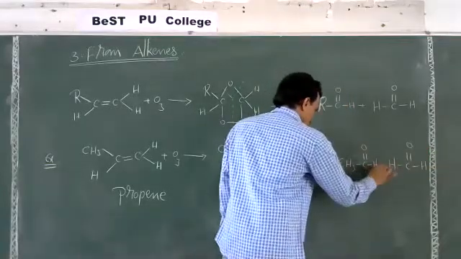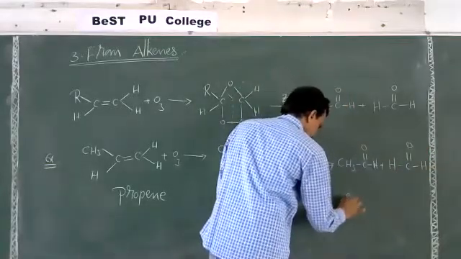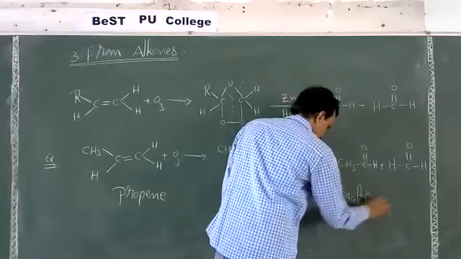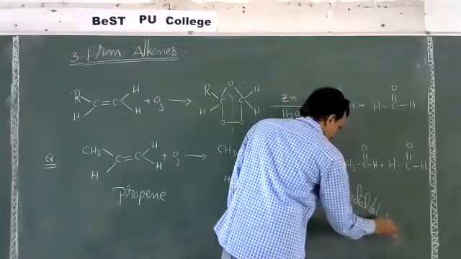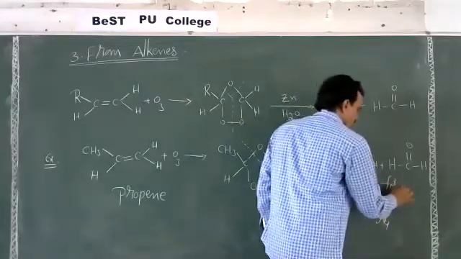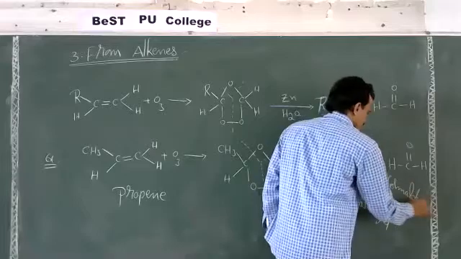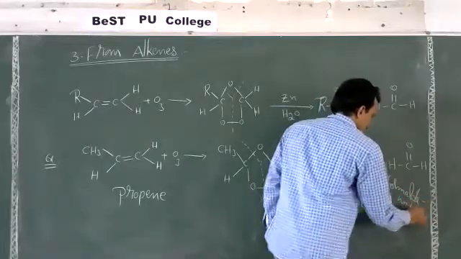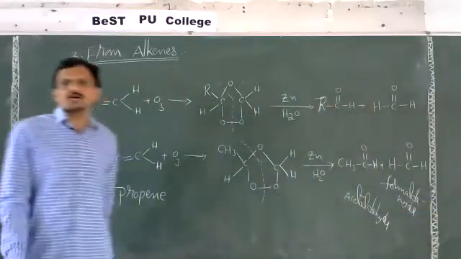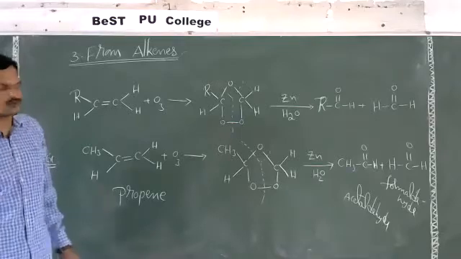So 1 mole of acetaldehyde and 1 mole of formaldehyde will be formed.